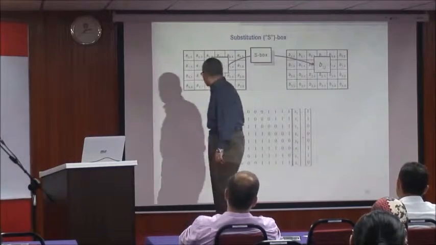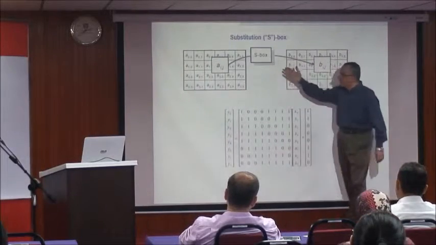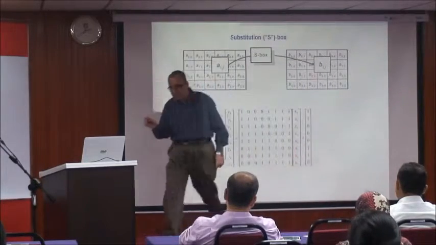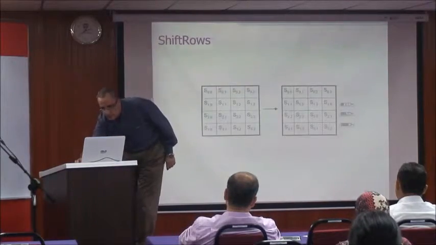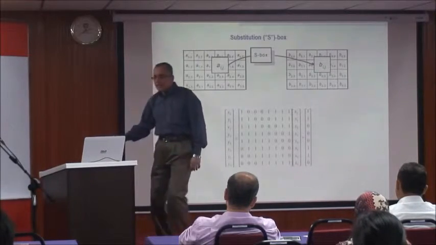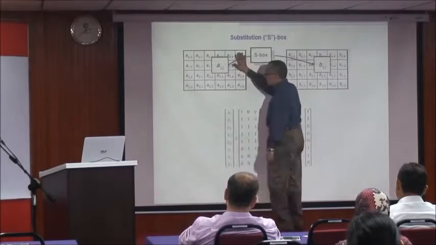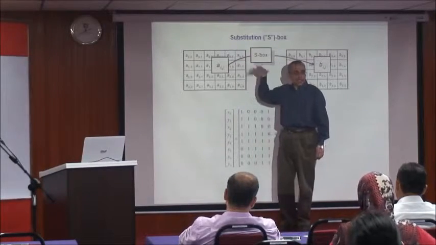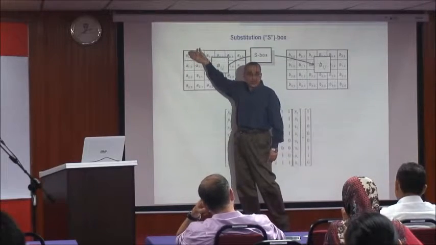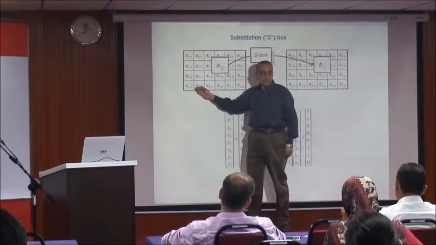So the first stage is the substitution operation. Suppose this is my Rijndael state. The way that you represent the state is as a matrix.